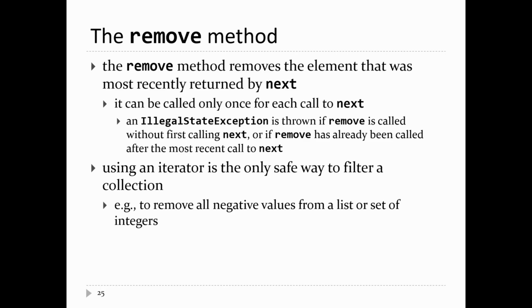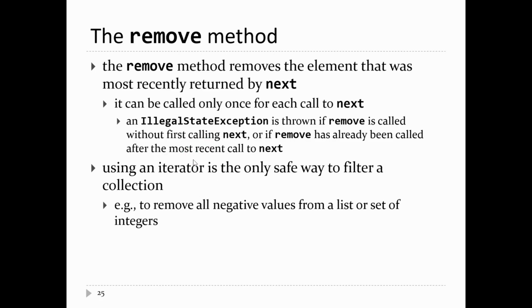Every time you call next, you're allowed to call remove once. So remove removes the element that was previously returned by next. If you call next and then call remove twice, you get an illegal state exception.